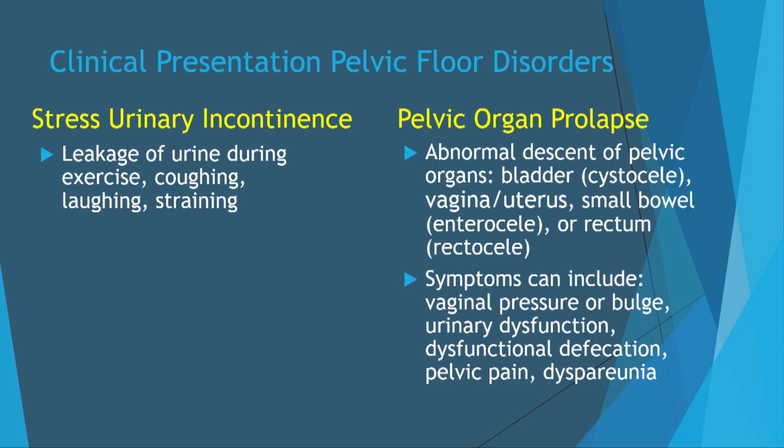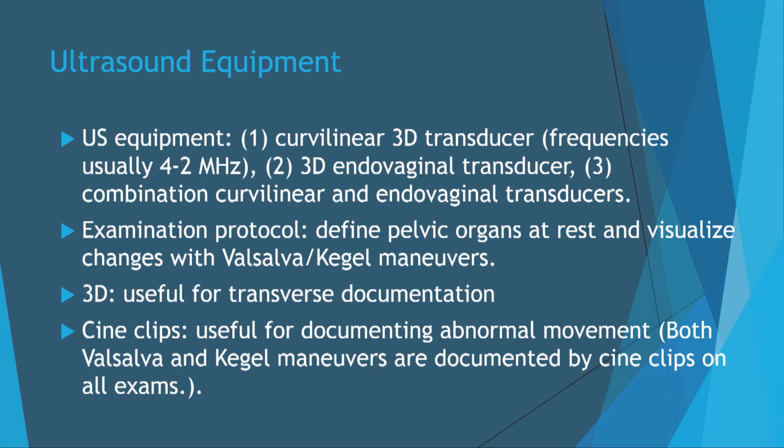Whereas those patients who have problems with pelvic organ prolapse tend to mainly complain of discomfort, some kind of pressure in the pelvis. Unfortunately, some of them even feel the organ falling out, for example, of the vagina. Symptoms that they have associated with this prolapse tend to be referable to whatever organs are involved.